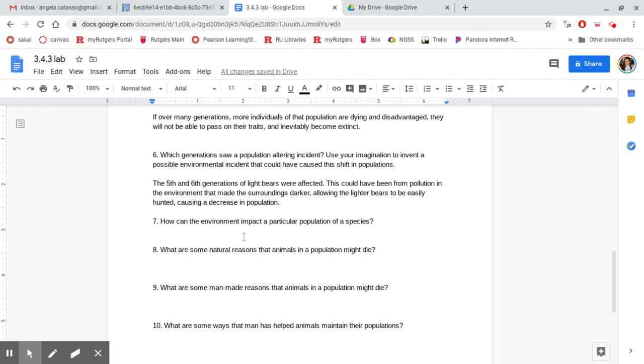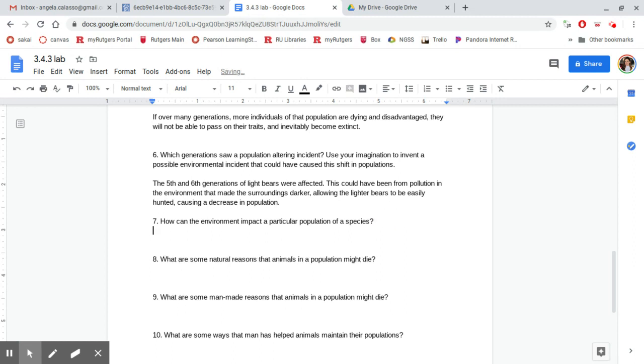How can the environment impact a particular population of a species? So this is kind of asking a very similar question. Basically, one way is that if that species is not able to blend in with the environment, predators are more likely to get them or see them and be able to capture them.